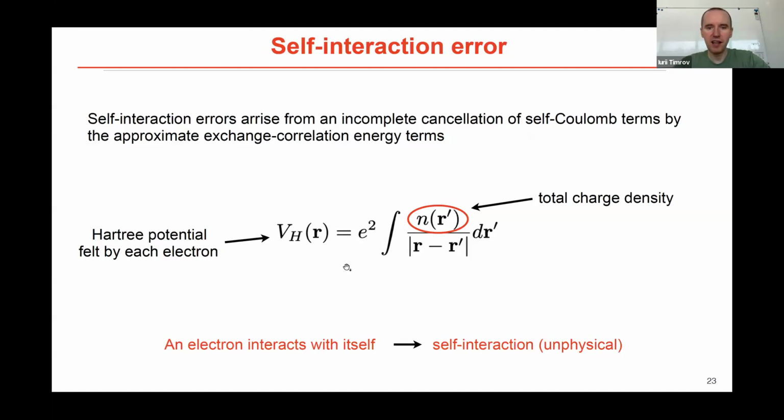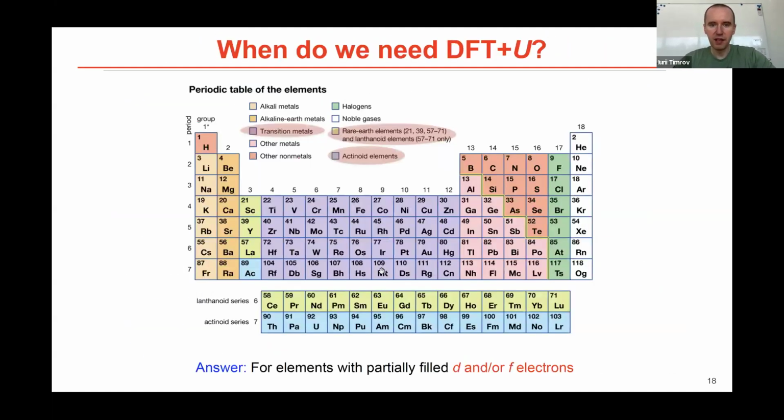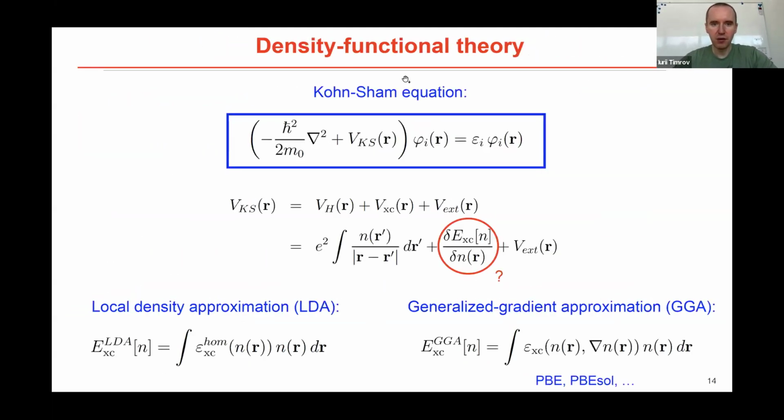In the center of the slide, we see the Hartree potential. Let me connect to what I've shown you. This is the Kohn-Sham equation, and we have the Kohn-Sham potential, which has the Hartree potential, exchange correlation, and external. So we have Hartree and exchange correlation. What I'm saying is that there is self-interaction because the Hartree potential is exact, while the exchange correlation potential is not exact.